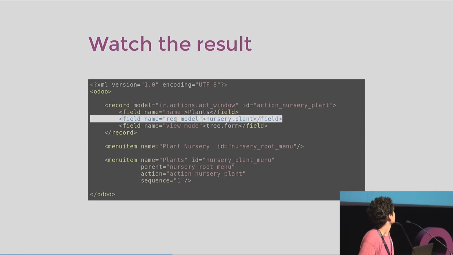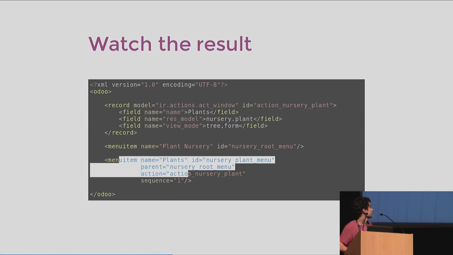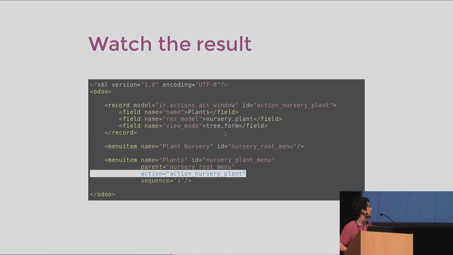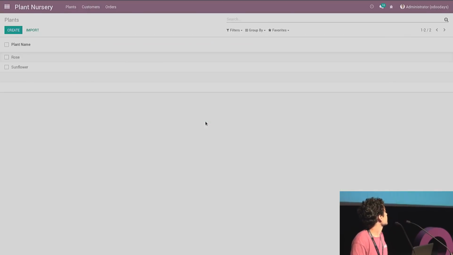Again, you give it an ID, and then you need to give it the target model. This is the minimum information to say, okay, when I click on this menu item, I execute this action that will list the nursery.plant records. Concretely, this is this menu that will give me the list of plant records.